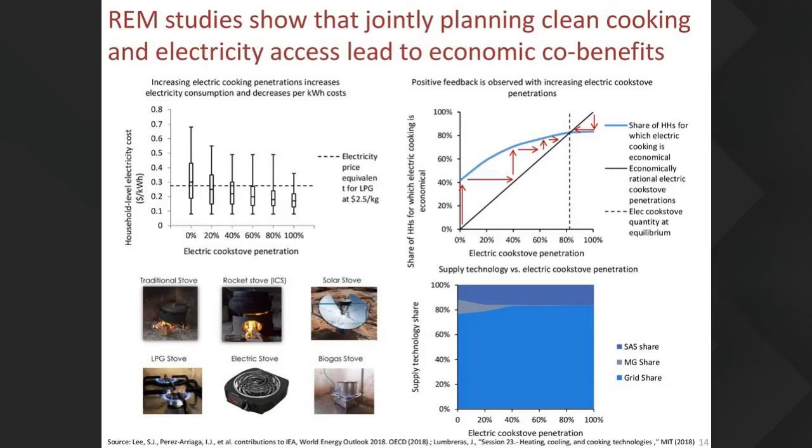So what we see is that, well, if we start in this top right plot here, we start off with 0% electric cook stove penetration. We have 100% of people using LPG cook stoves. You can see that for something like 40% of households, it would be better served, or more cost effectively served, with electric cook stoves than with LPG cook stoves.